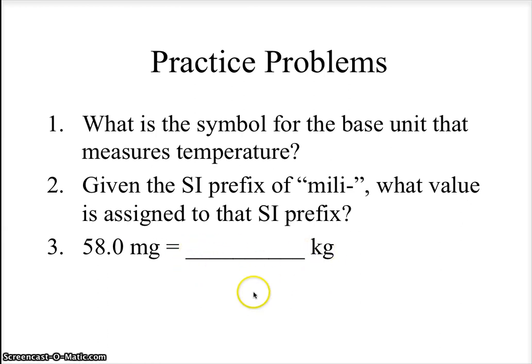So essentially you have a small measurement of some mass, 58.0 milligrams. You have to make it so that it has the same amount of stuff in terms of a kilogram. It's kind of like saying, I have 4.5 pounds of apples. How many ounces is that?